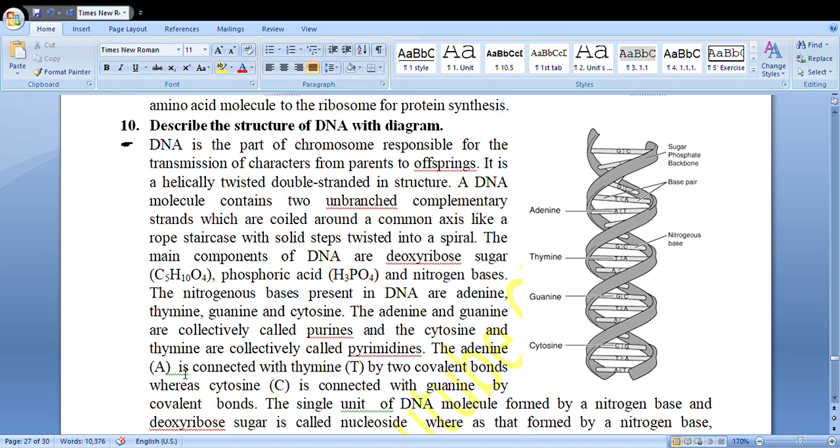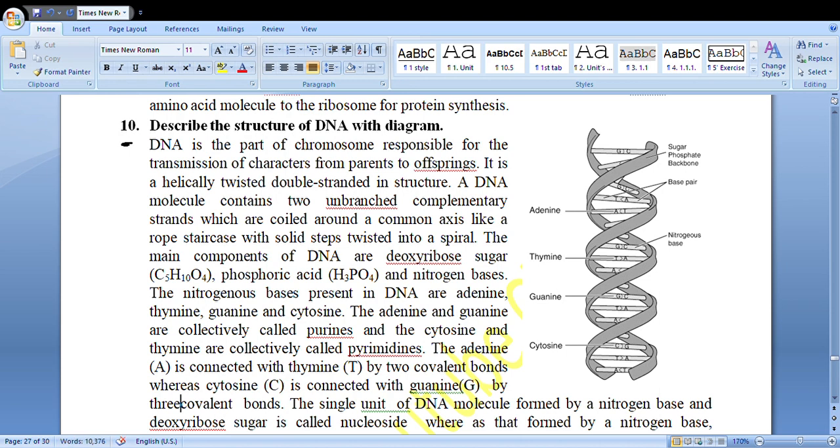Adenine is associated with thymine by two covalent bonds. Similarly, cytosine is connected to guanine by three covalent bonds.